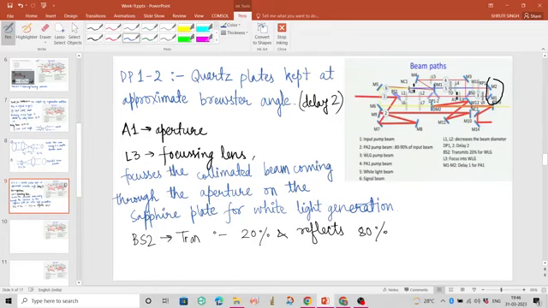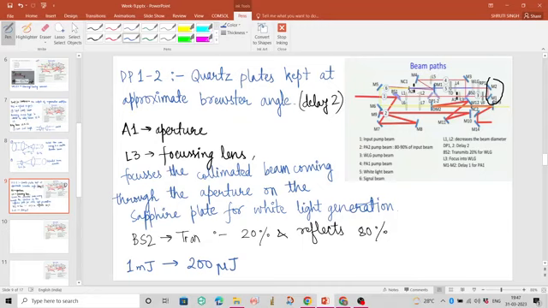It came from the input, which was 100%. Suppose I say that this one is 1 millijoule. So out of 1 millijoule, 80% gets reflected here, so 20% is transmitted. That is 200 microjoules in this path.